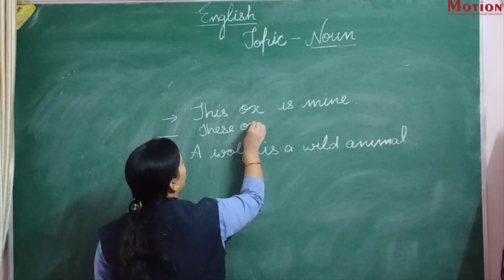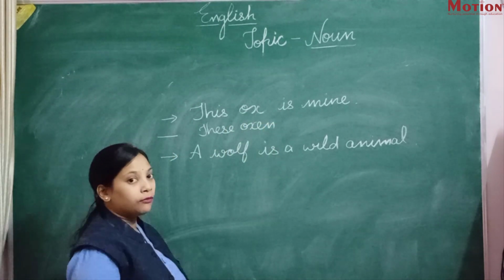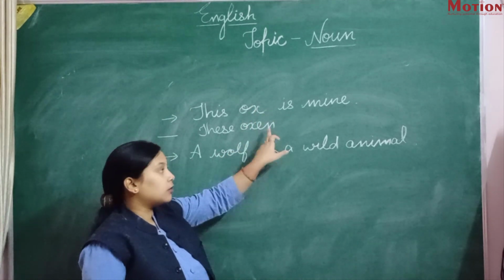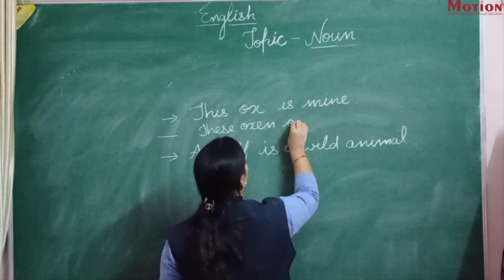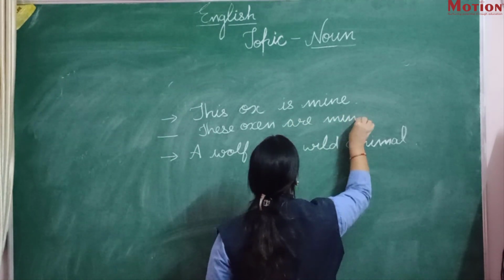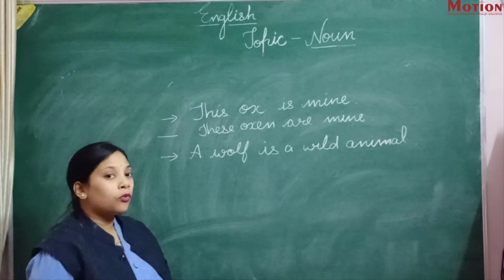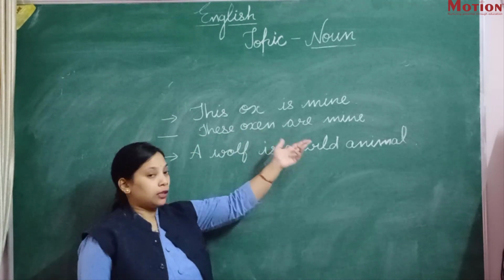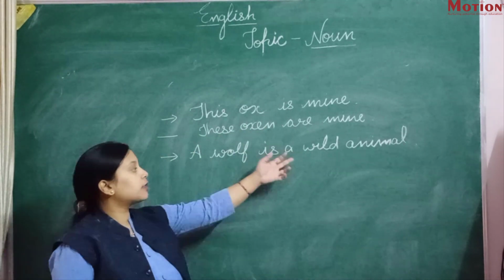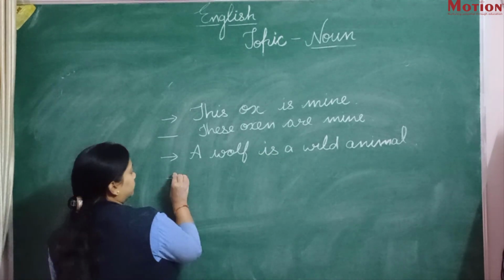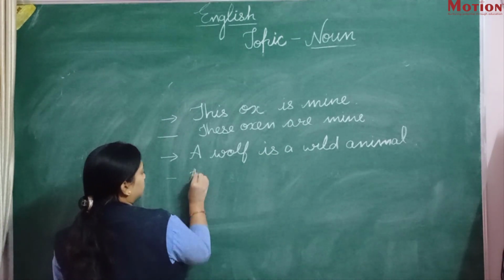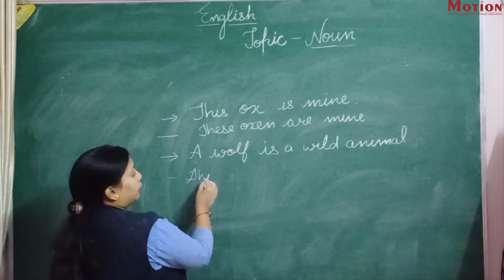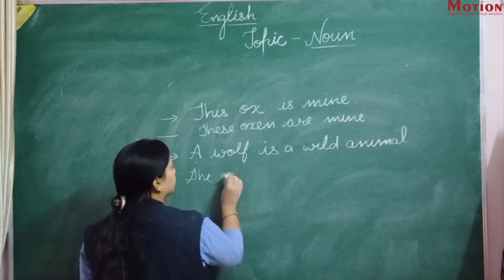These oxen. We have studied that with ox we use en. These oxen are mine. Whenever you change the noun, you have to make sure that you change the subject as well as the predicate. A wolf is a wild animal. Now a wolf is used for only one wolf. Then we will use the wolves.